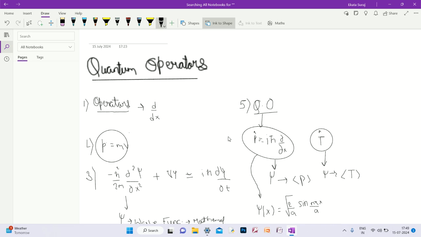In the next video I am going to explain the expectation value, and the only thing you have to understand in this video is that you apply this particular momentum operator formula to the wave function and you will get what is known as the expectation value of momentum, or you can easily say the value of the momentum. This is the case in quantum mechanics, that you cannot do exactly the same things as in classical mechanics, or Newtonian mechanics.